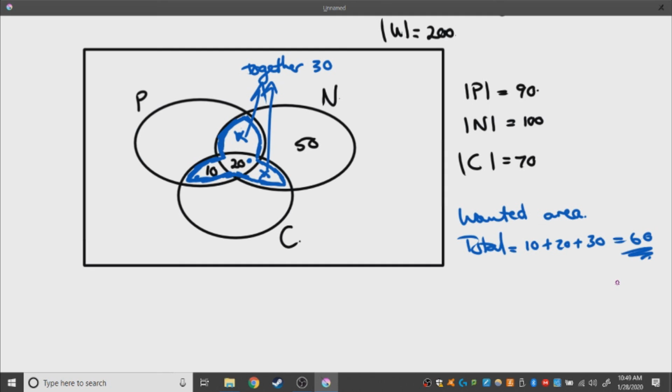Whereas the previous one, once I have the setup done and I've filled in all the numbers, I can literally answer everything that they could possibly ask. So it's tempting to come to this question and think, I want to know the bottom of the C circle. You can't. You'll never know. But that's not what they're asking. I only have enough to answer their question. Which makes it a little more difficult, yes.